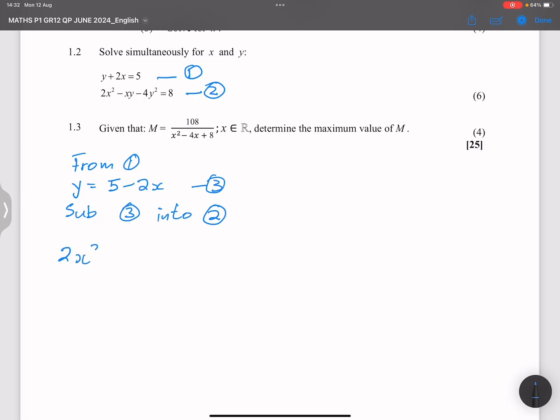So that's 2x squared minus x times y, which is 5 minus 2x, minus 4 times our y value, which is 5 minus 2x. Remember this is squared and this is equal to 8.